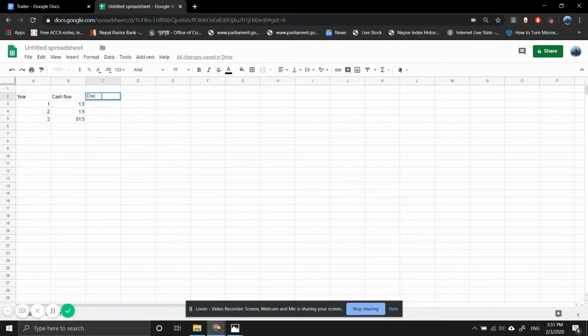So the discounting factor, right? What was the discounting factor? 1 divided by 1.06 to the power of this. Copy, paste, and then NPV, net present value, is this into this.